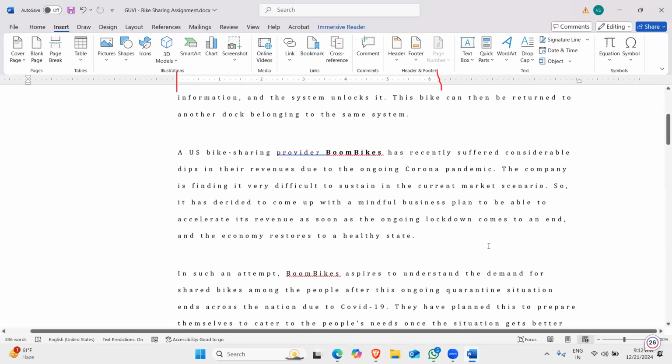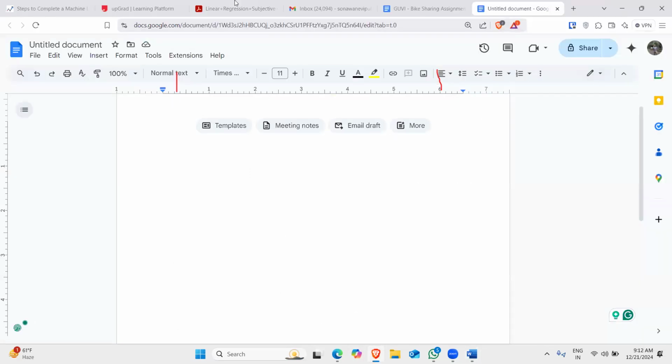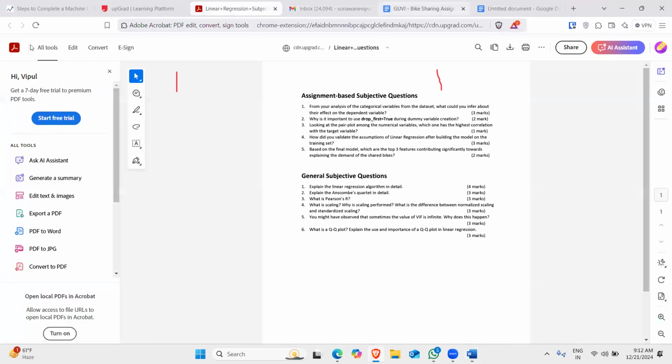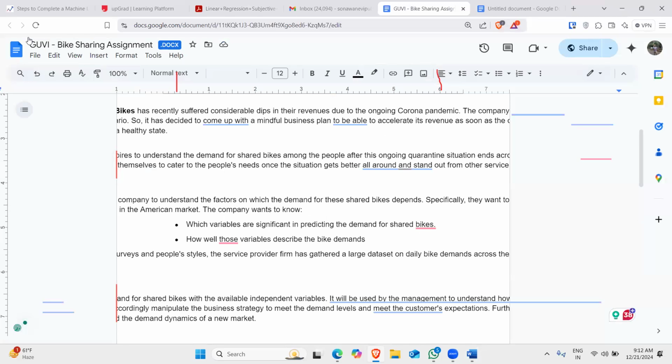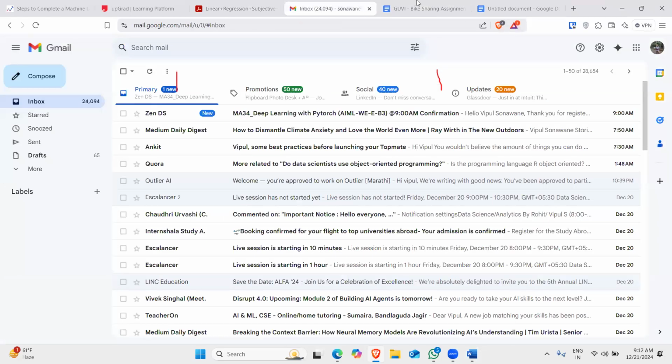So you have to create a machine learning model and you have to solve these questions. I am uploading these questions on your drive.